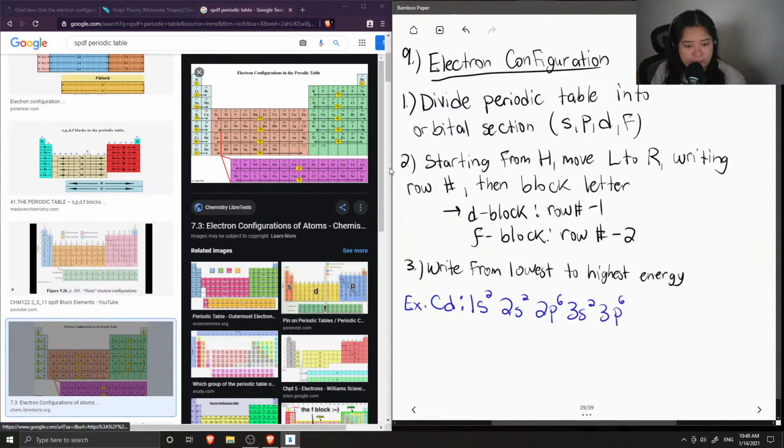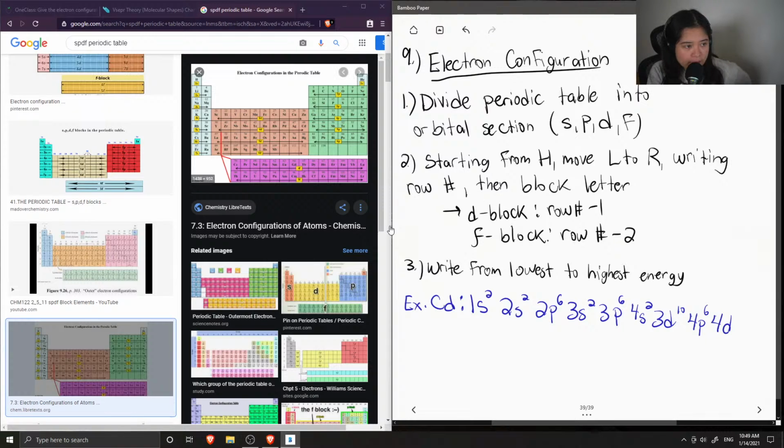And then we go down to 4s2, 3d10, 4p6. And then once we get to the row that contains the cadmium, since a half-filled d orbital is more stable than a filled s orbital, we're going to write our 4d orbital first.